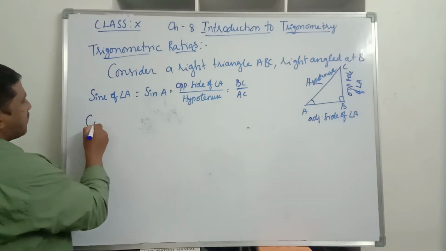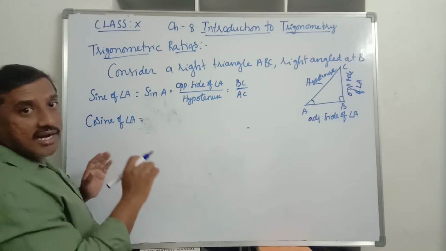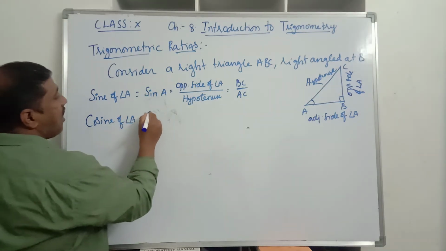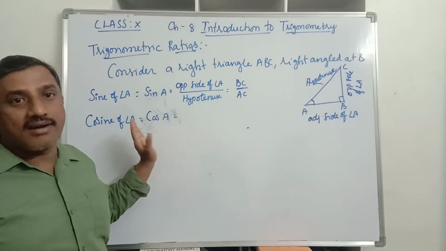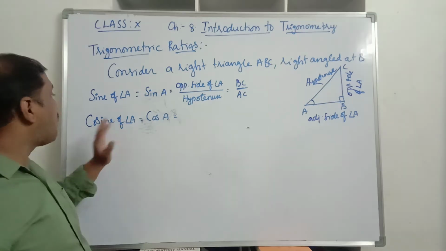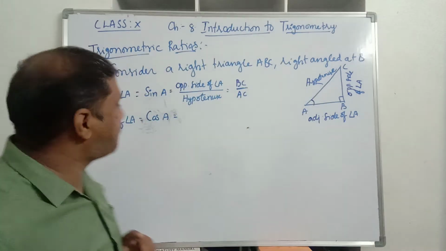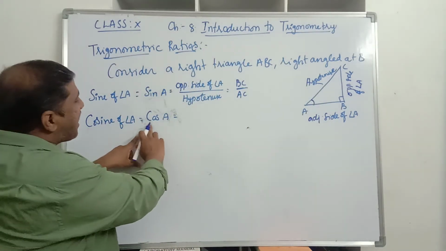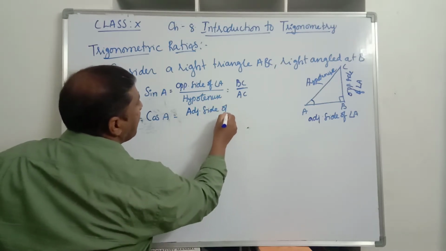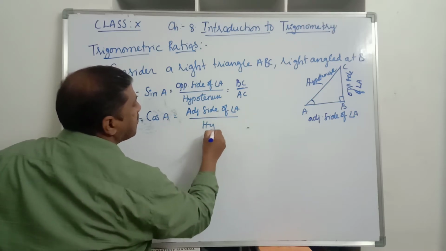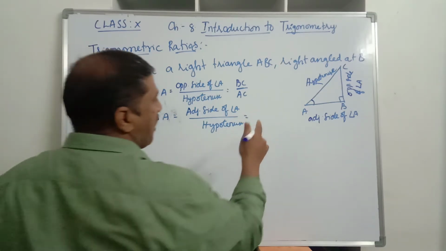Next ratio is the cosine ratio. Cosine of angle A is abbreviated as cos A. Now how is it related? It is the relationship between the adjacent side and the hypotenuse. Cosine of angle A, cos A, is the ratio of the adjacent side of angle A divided by the hypotenuse.